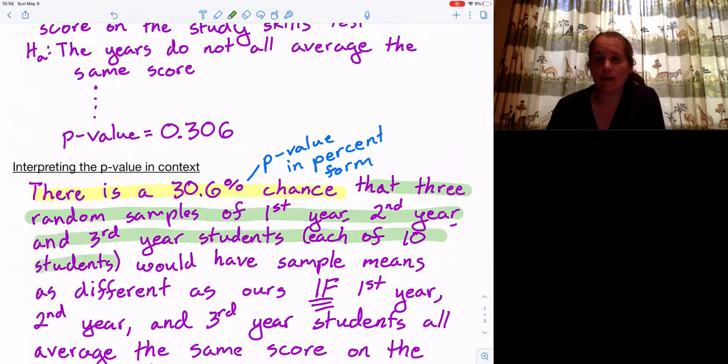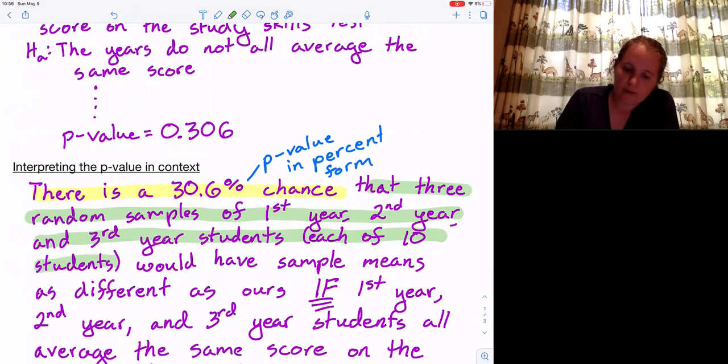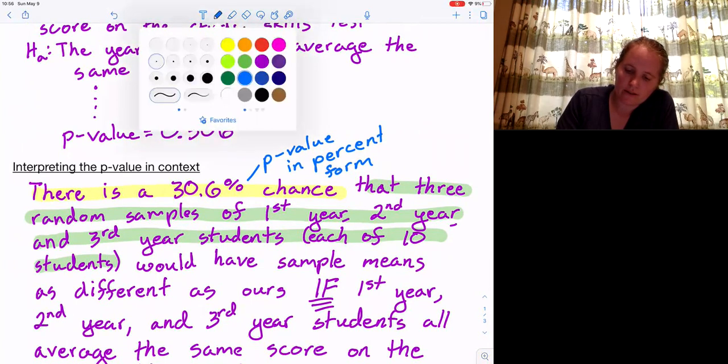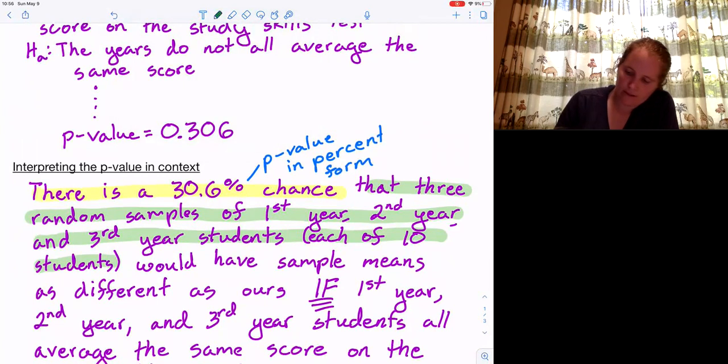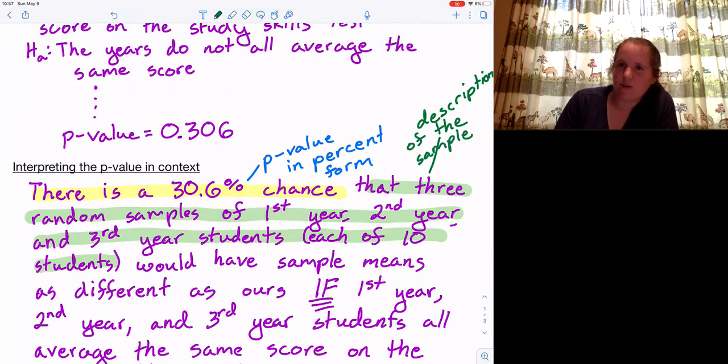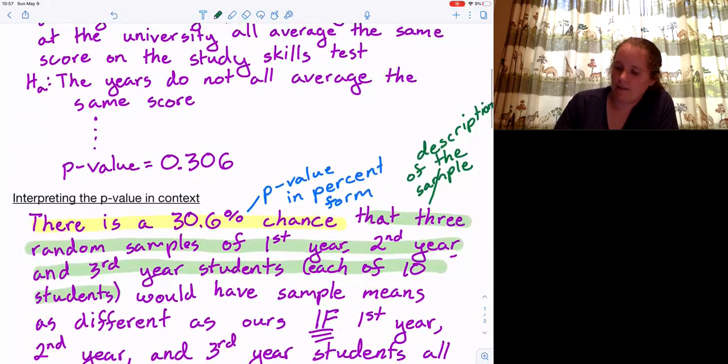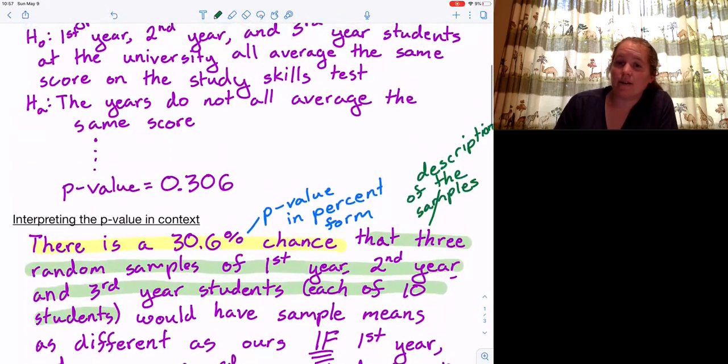That's essentially a description of the samples that we've gotten, or how we got our samples.